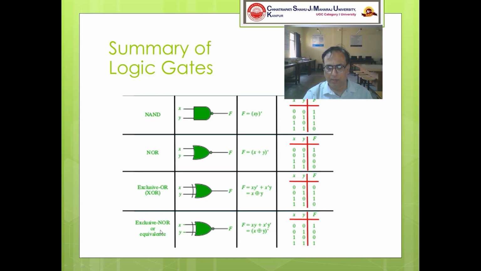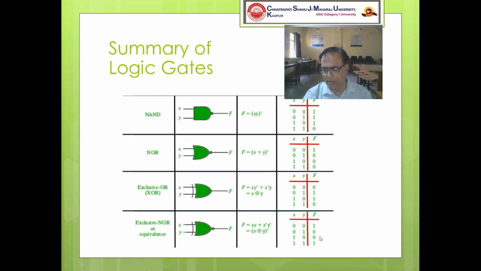Exclusive NOR is simply the inverted form of XOR. Therefore the bubble is encircled over here in front of XOR, and its expression is xy plus x bar y bar, or x complement y complement, and again this is x plus y bar complement encircled, or it can be written as x encircled minus y.